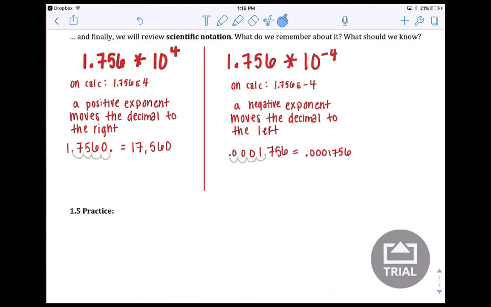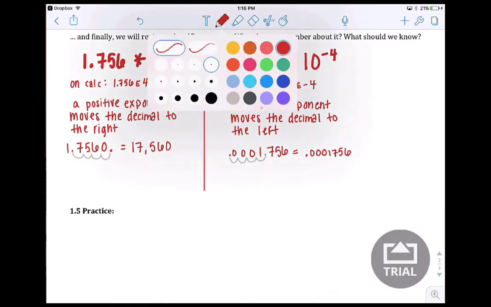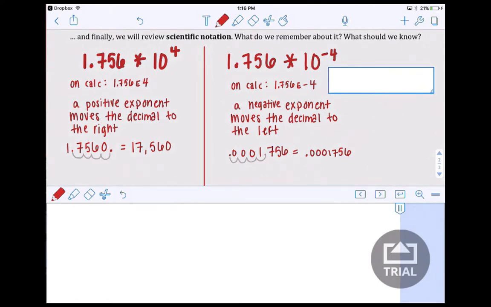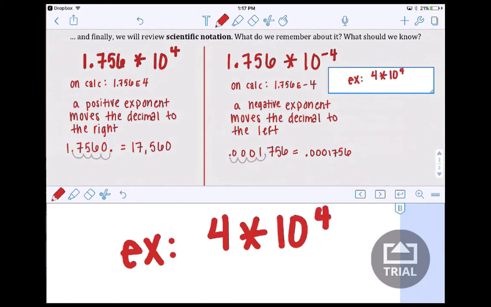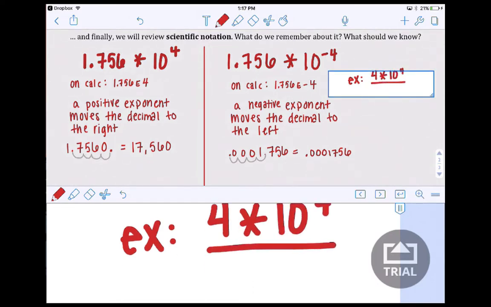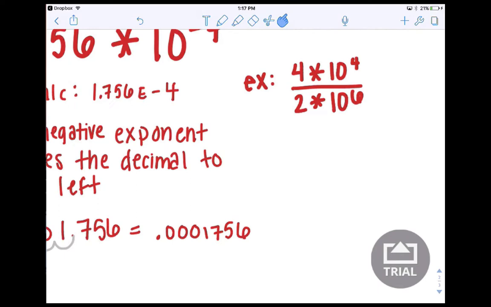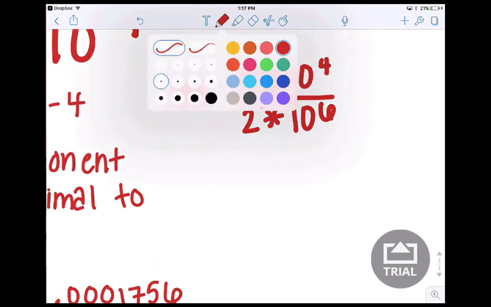Now, just like regular exponents, you can actually divide scientific notation. So what that would look like is if I came over here and did a little mini example. 4 times 10 to the 4th over 2 times 10 to the 6th. I would have to treat something like this separately.